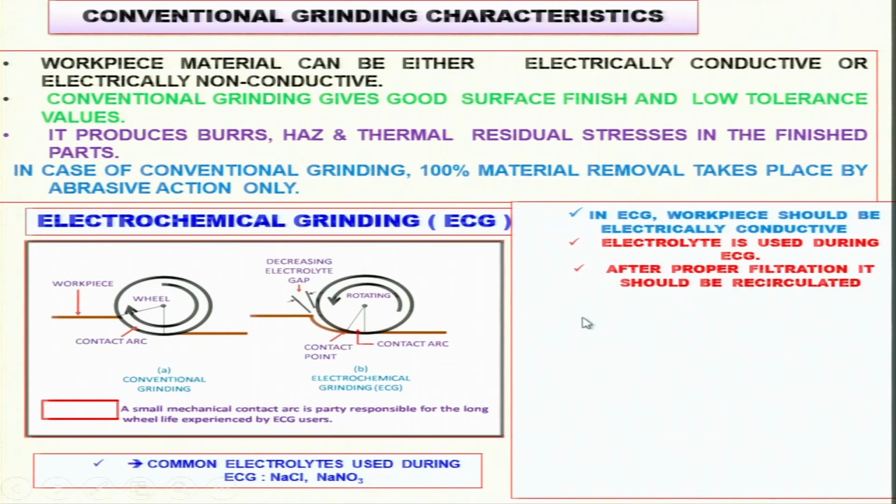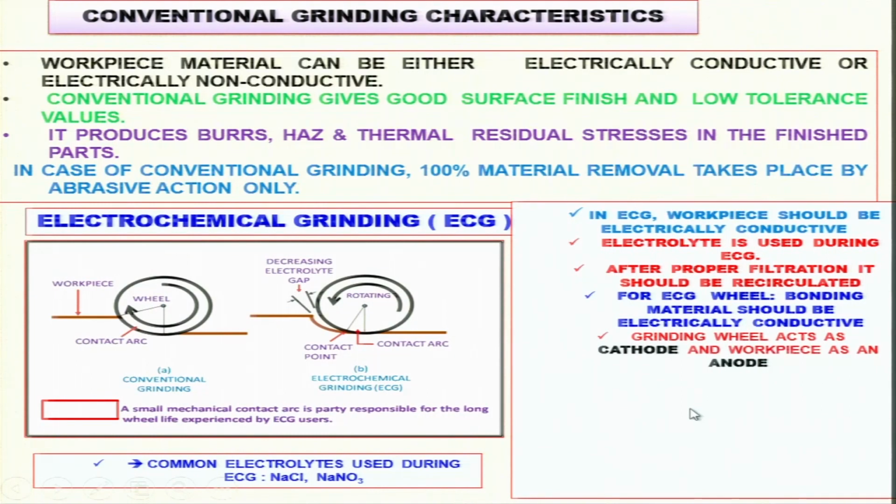For the ECG wheel, the bonding material should be electrically conductive because it is going to be part of the electrical circuit. So the bonding material of the ECG grinding wheel has to be electrically conductive. The grinding wheel acts as cathode and the workpiece acts as anode, as I mentioned a bit earlier.